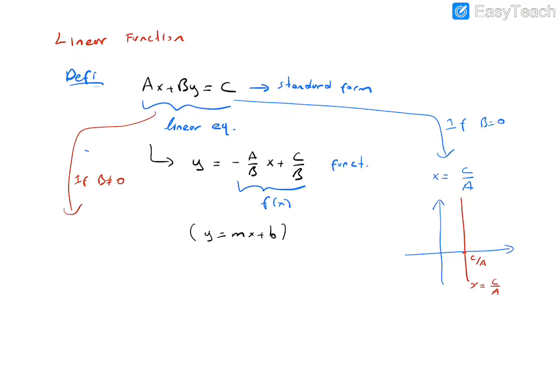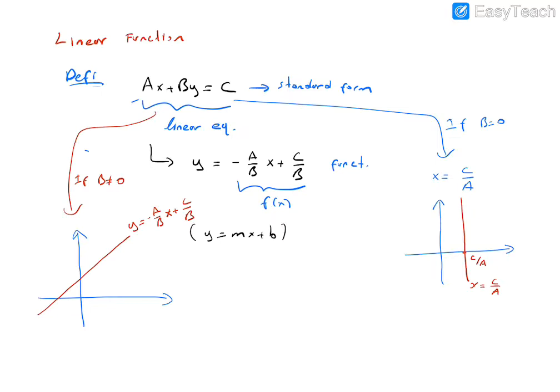So the graph is like the following one. According to the sign of the slope, the line can be different. Symbolically, for example, this line y equals minus a over b x plus c over b.